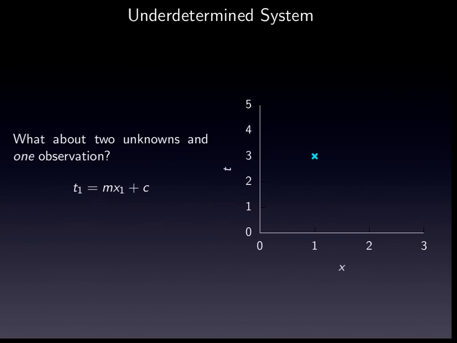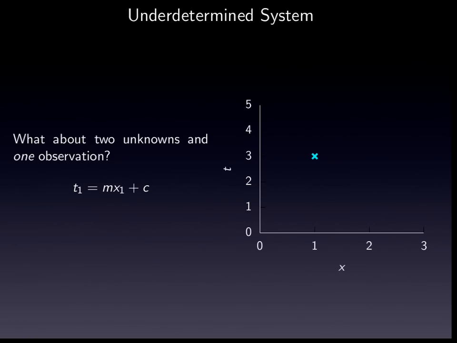Any ideas? Silly ideas, whatever. Horizontal line? Horizontal line, that's a good idea, actually. What is the horizontal line going to suggest, if you make a horizontal line, about your assumption for m? 0. M is 0, yeah. So the horizontal line is making an assumption that m is 0.